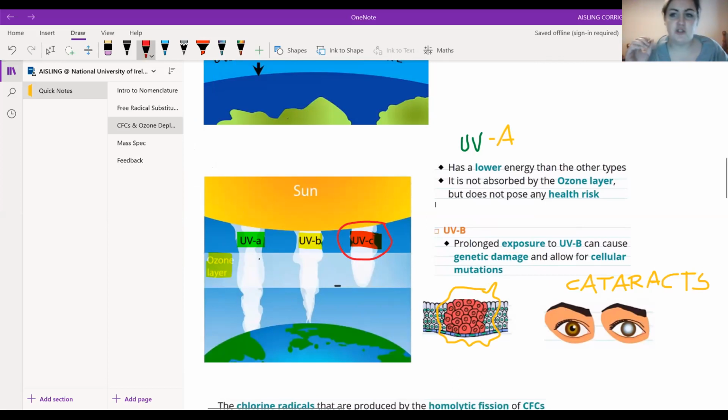It's all to do with when something is a form of energy, it comes in a wave. UVA has less energy, so the wavelength is a lot flatter. And then when we have the likes of UVB and C, it's made up of lots of energy, so you see that wavelength quite a lot steeper.